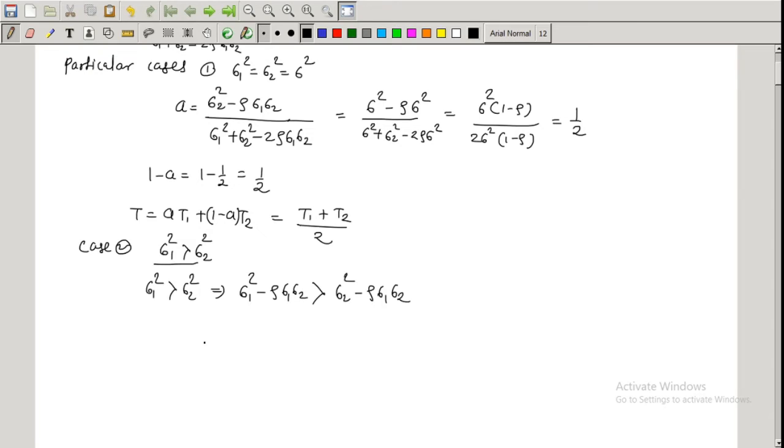After that, I divide both sides by sigma 1 square plus sigma 2 square minus 2 times rho sigma 1 sigma 2.